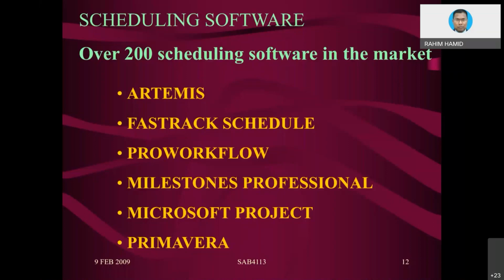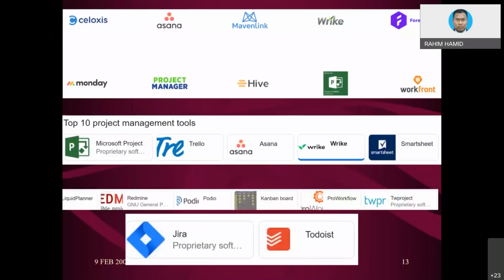And you know what? Even if you Google the top 10 scheduling software in the market right now, it might be different from my slide, because things keep changing. And some of the software we don't even hear being used in Malaysia. Microsoft Project, okay. Primavera, okay. But even Primavera is not listed in this top 10. Why? It depends on the number of users.